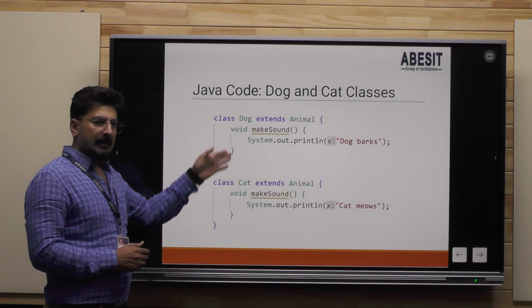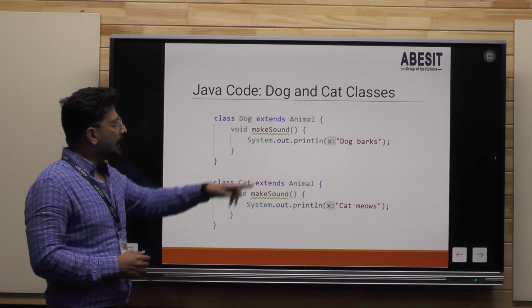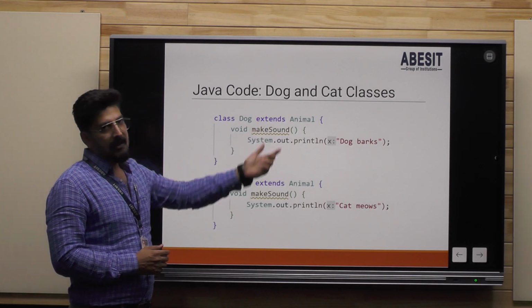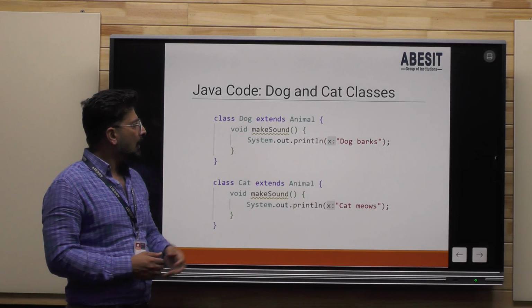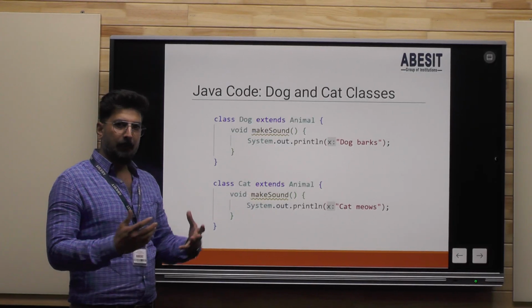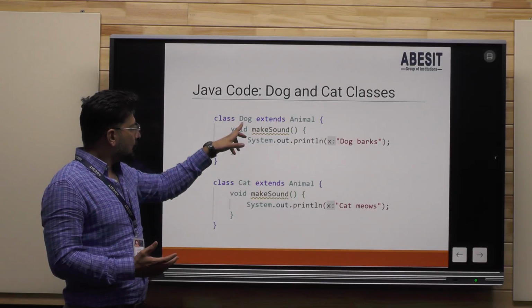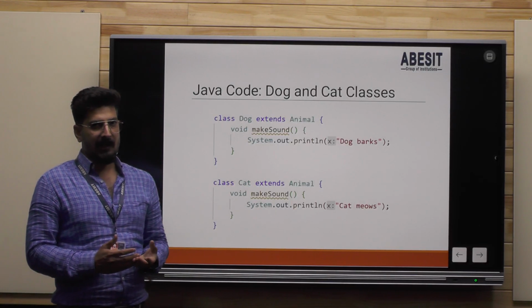We have two classes, Dog and Cat, which inherit from the Animal class. We already know that extends is the keyword to inherit the properties of your superclass or parent class. So here Animal is the superclass, or parent class, and these two, Dog and Cat, are subclasses or child classes.